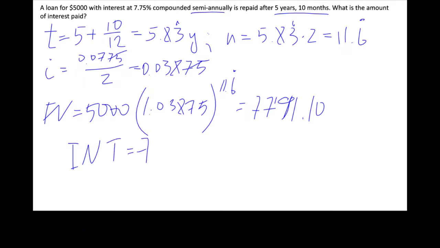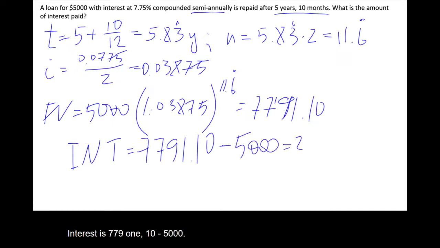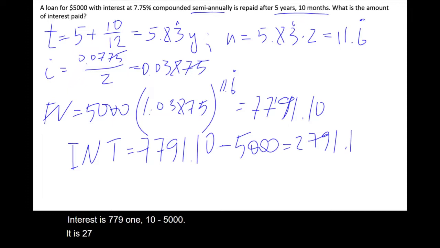So interest is 7,791.10 minus 5,000. It is 2,791.10. That is the answer. Any questions?